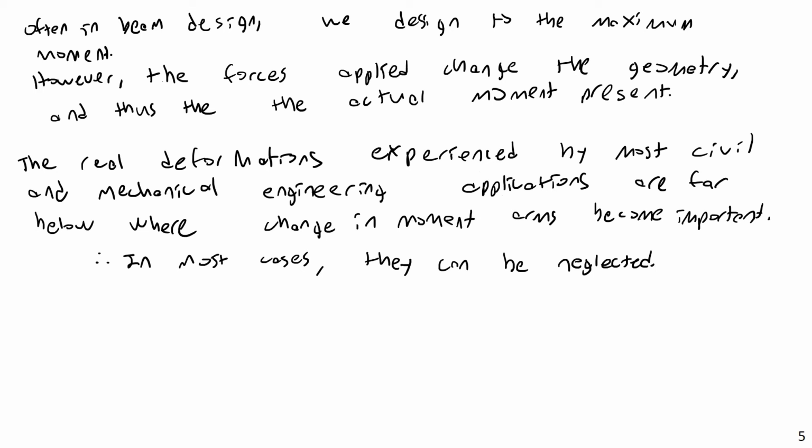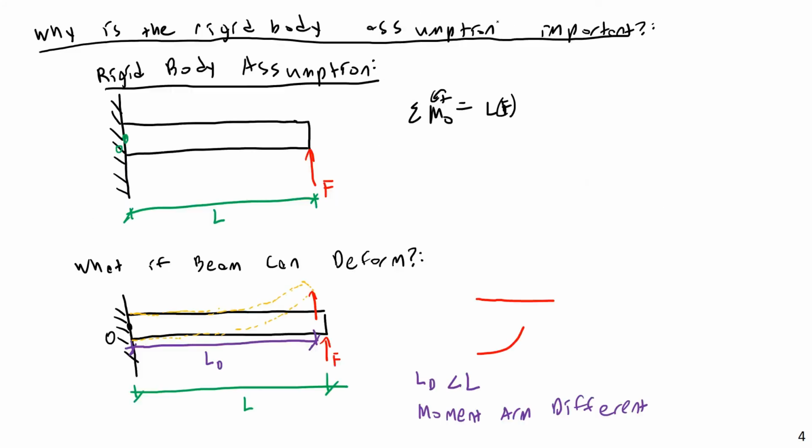So the question then is, they might ask, why don't we just do the whole thing? Why don't we actually consider the full non-rigid body? Why not just consider deformation? Here, I said that as this thing bends, the moment arm length changes.